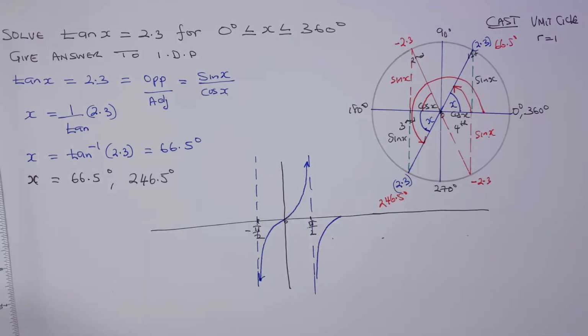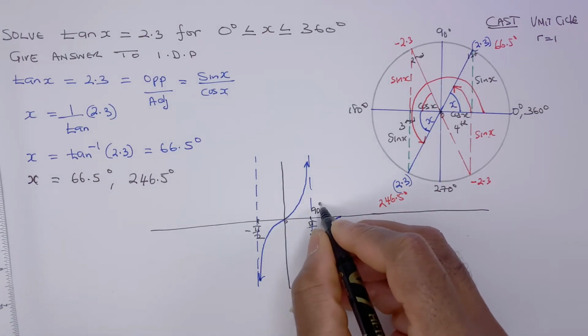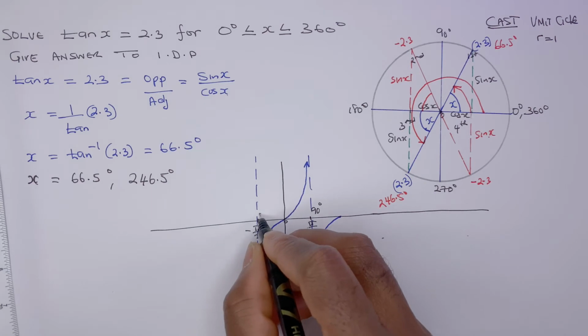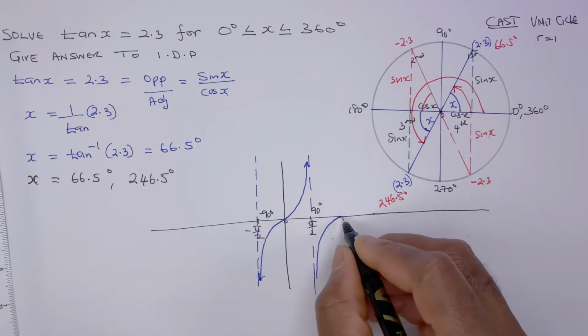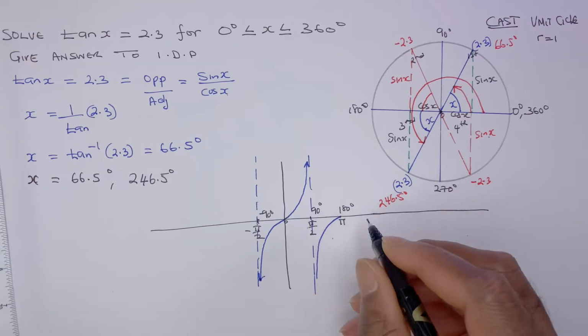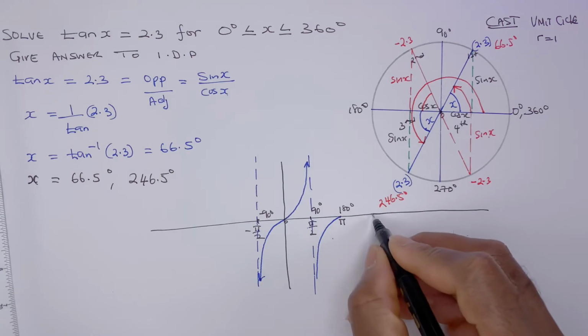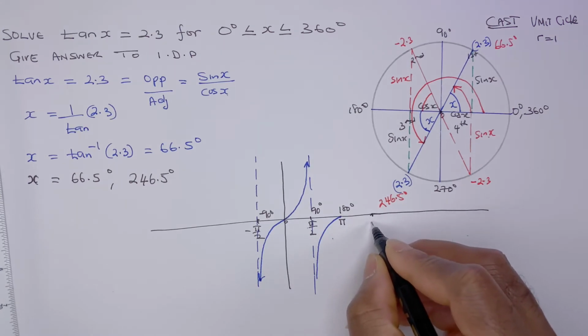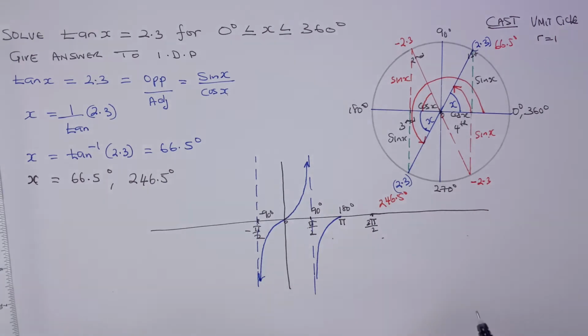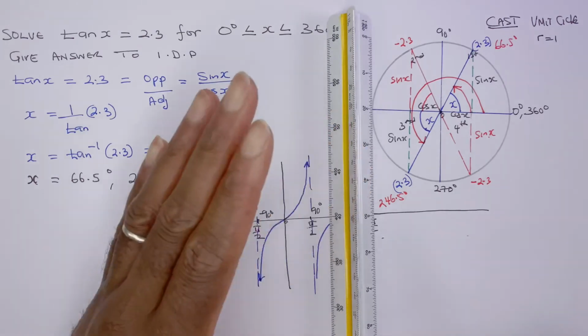If that's 90 degrees, this is 0 degrees, minus 90 degrees, so that will be pi, that's 180 degrees. And then the next one will be pi, 3 pi over 2, and that will be the line of asymptote. So here you go, just draw another line of asymptote.